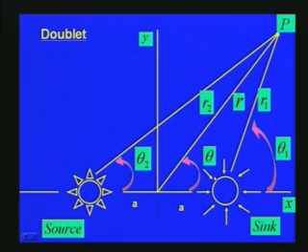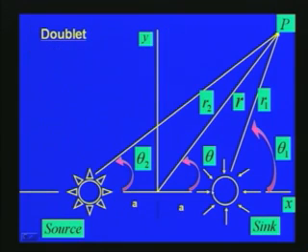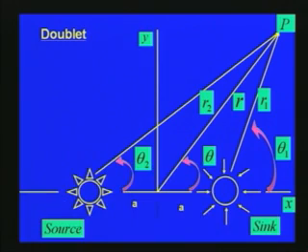Further we will see the different aspects of this doublet. Now the strength of the source or sink we have already seen from the definition: psi is equal to minus m by 2 pi into theta 1 minus theta 2, where theta 1 and theta 2 are defined in this figure.